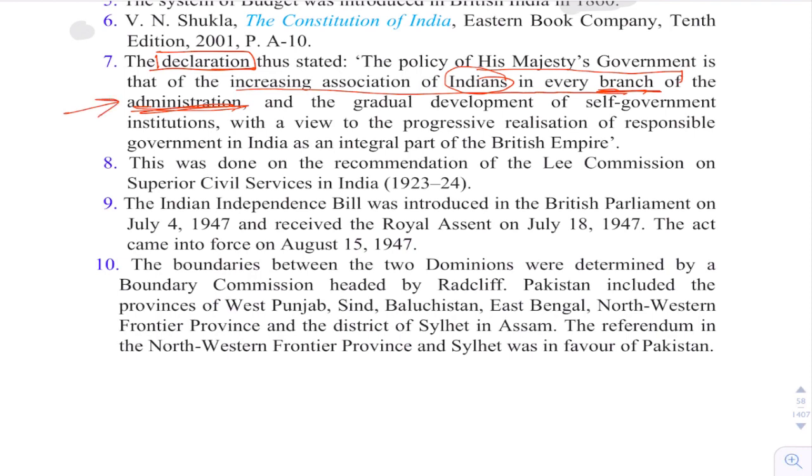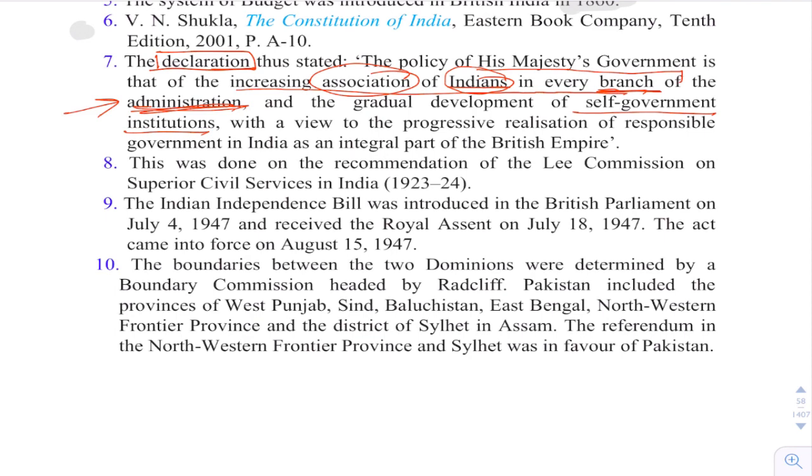कौन सा administration? British का जो India में administration चल रहा था, Indians की उसमें हम ज़्यादा association कर रहे हैं. And the gradual development of self-government institutions. तो कुछ ऐसे institutions जो self-government की तरह काम करेंगे, उनका भी gradually development हो रहा है. So what was the motive behind this?